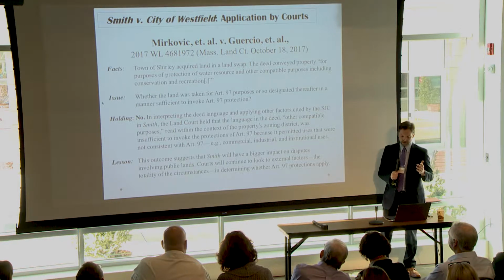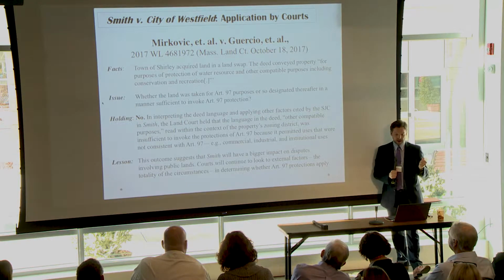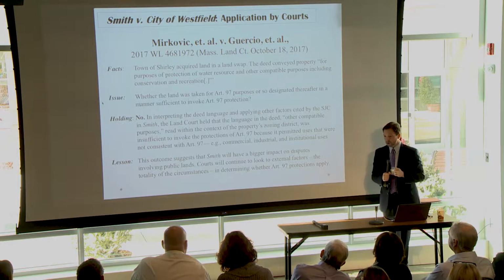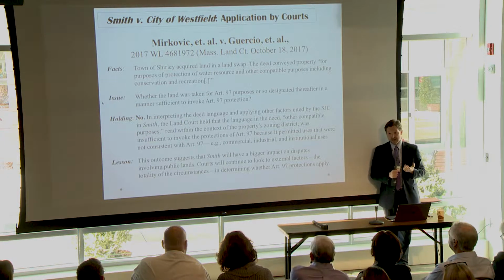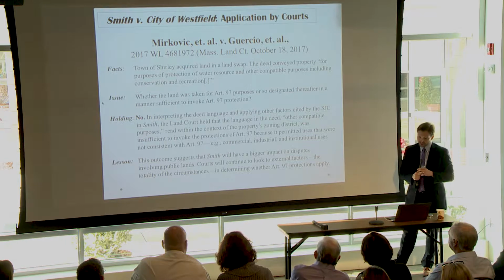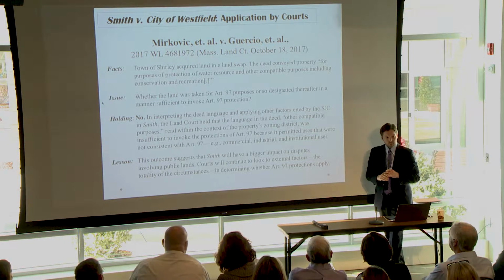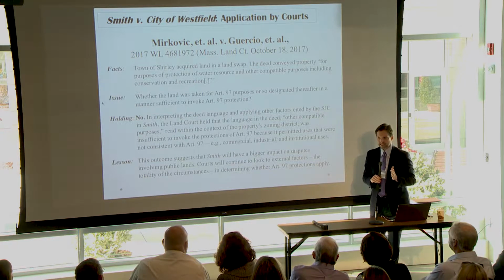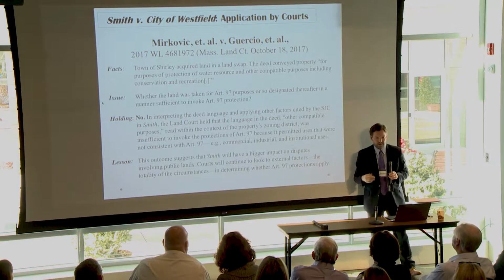So the question here is whether that land had been taken for Article 97 purposes or designated for Article 97 purposes thereafter. And the court found that it did not have Article 97 protection, although that language in the deed looks pretty good for Article 97 purposes, right? I think most people would look at that and think, hey, you're probably covered.